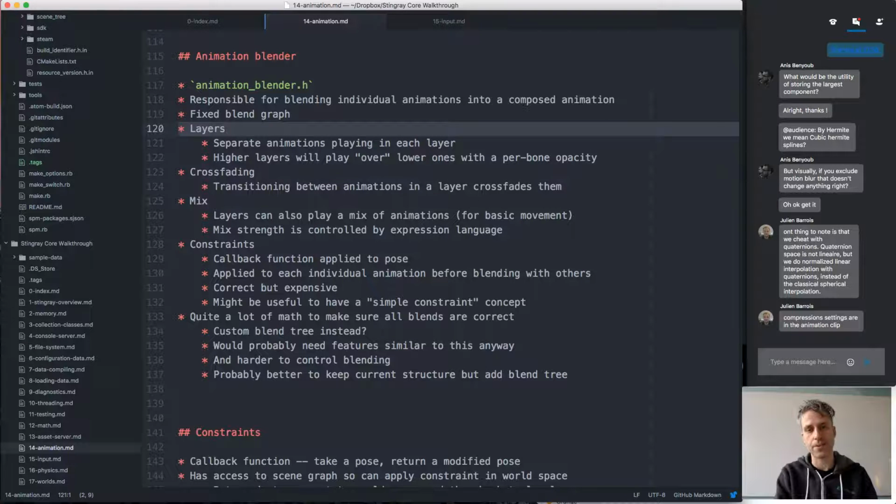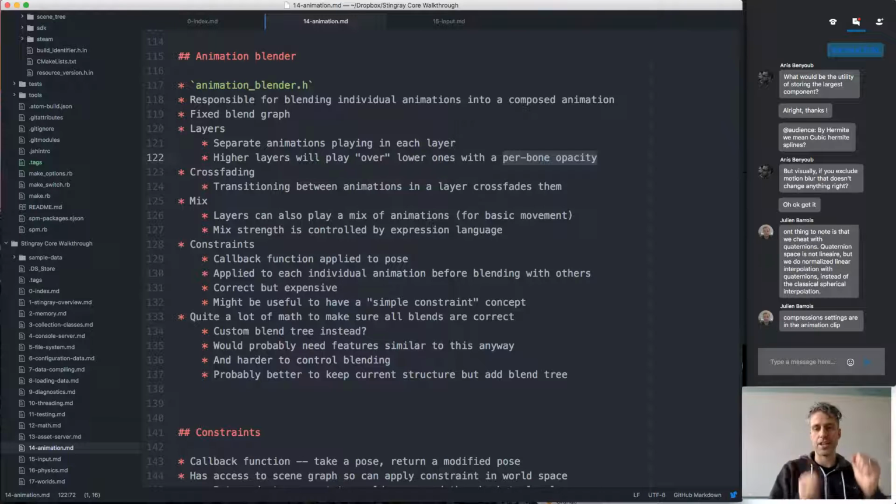In the higher layers, you can also specify a per bone opacity, which controls how they override the animations below them. So I could have a running animation like this, then I could have an aiming animation that is like this.